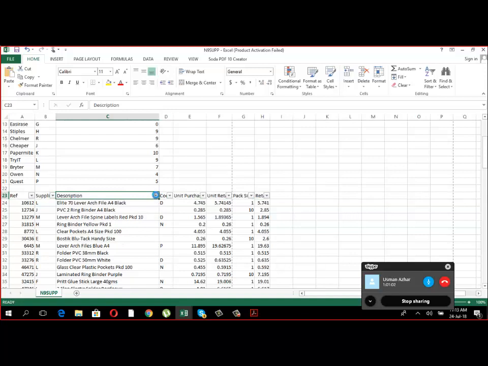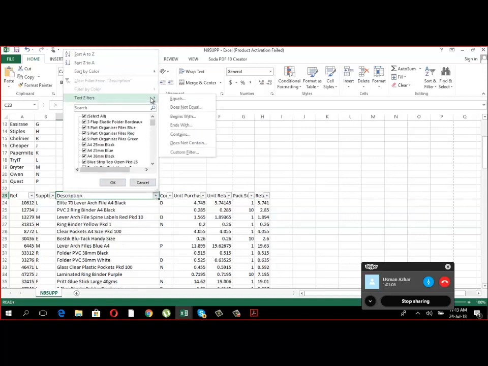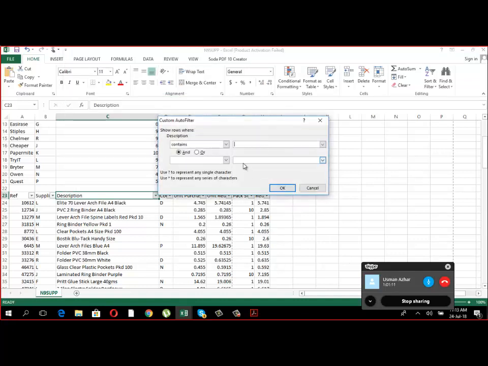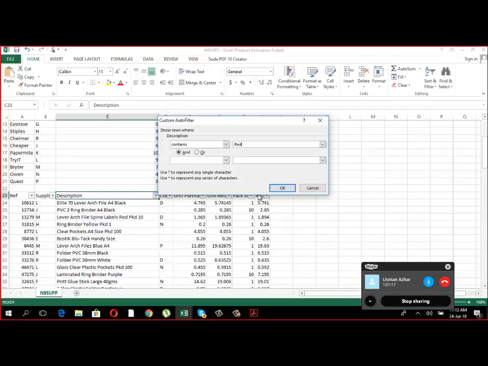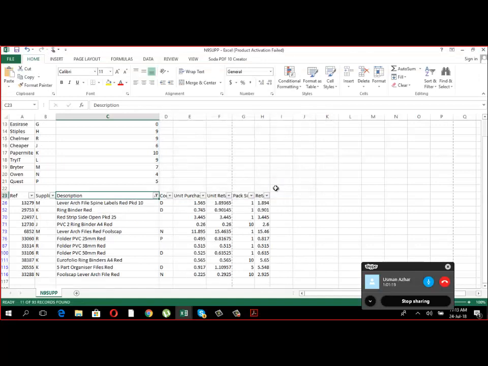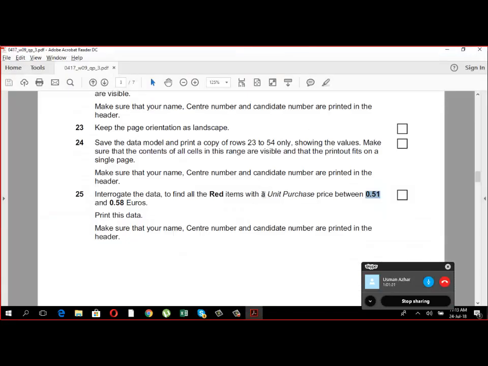So I will say text filter, contains red, right? And price between this and this.